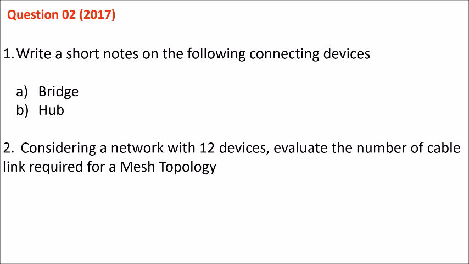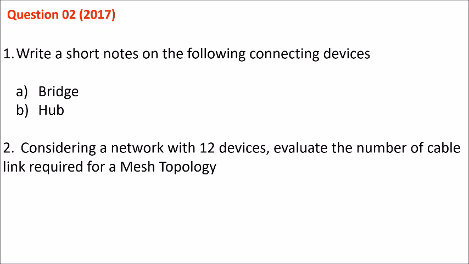Therefore, once the hub receives data, its function is to deliver it to all other devices in the network. Also, the hub is a passive device. That is why we say passive device. It doesn't use software. In that way, you will be able to define a hub.